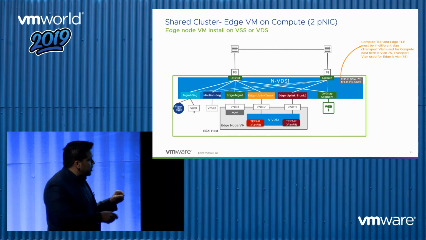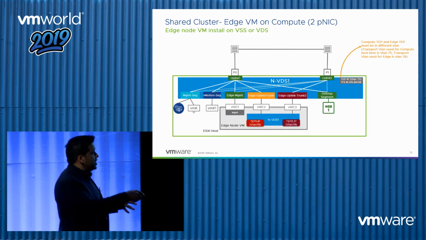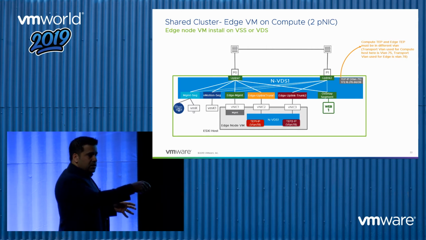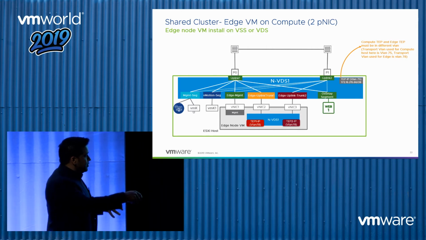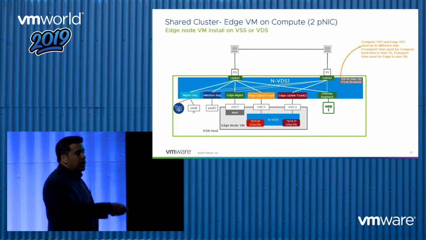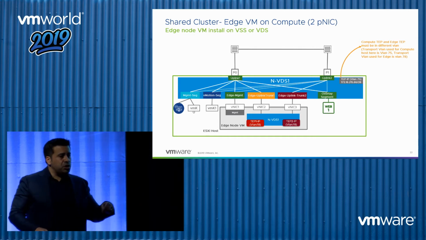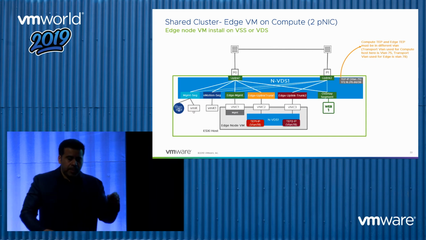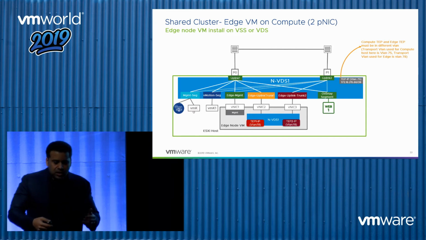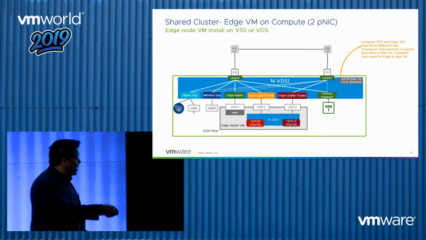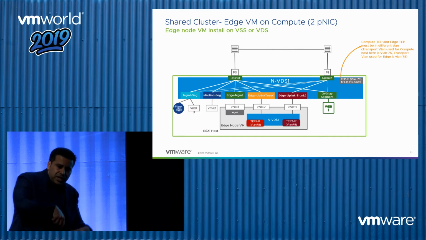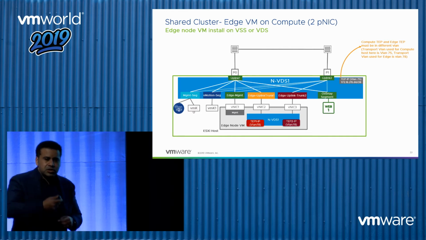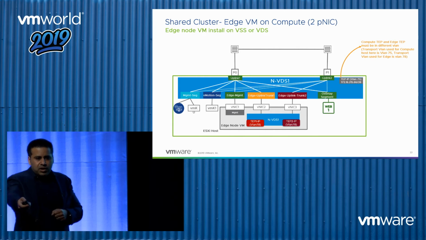Now, in this case, when an Edge VM, which is also a tunnel endpoint, a transport node, is sitting on top of an NVDS, the VLAN that I'm showing on the Edge and the VLAN that I'm showing on the compute transport node cannot be the same today. So you have to plan for an additional VLAN. The reason we don't support this is that this Edge is a VM sitting on the hypervisor, and it is generating overlay traffic to a VM kernel interface.